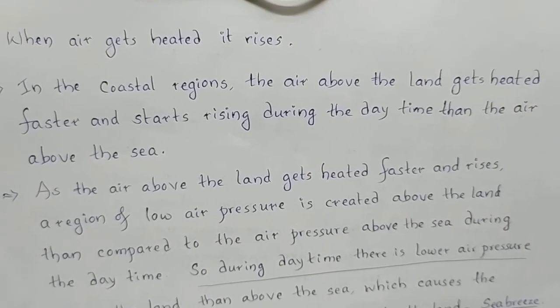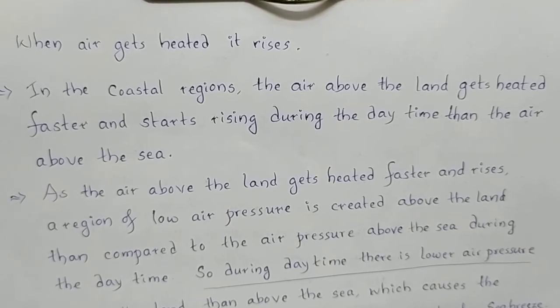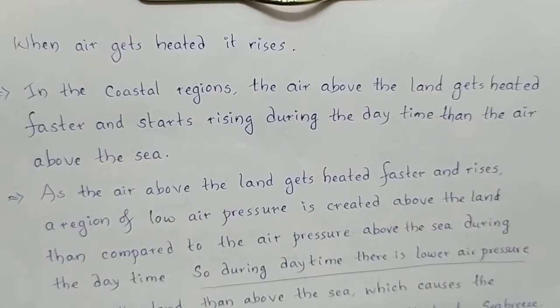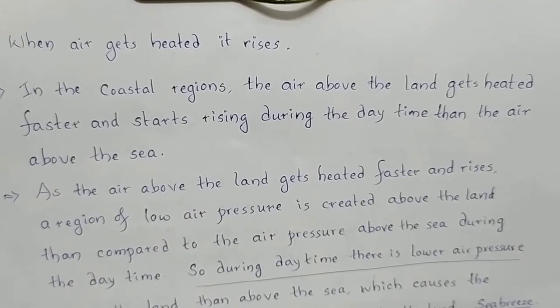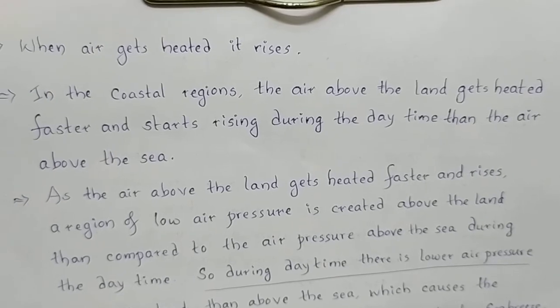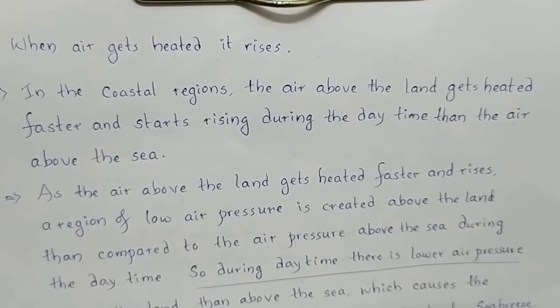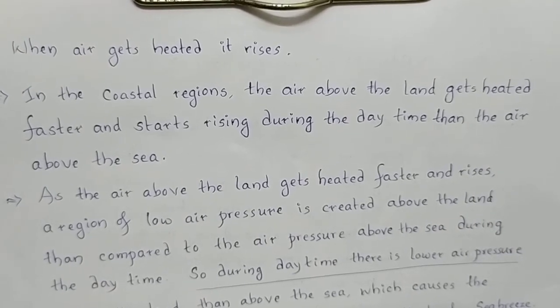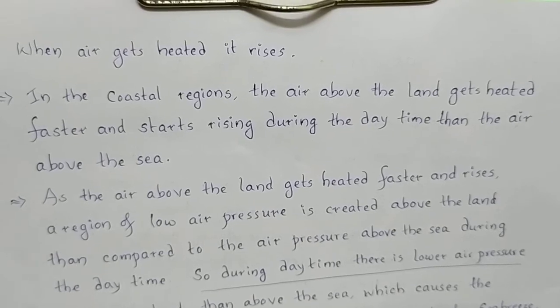Right? So, during the daytime, the air above the land is getting heated faster, so it rises faster. At the same time, the air above the sea also is getting heated, but it is getting heated slowly. So, it also rises, but not to the same level as the air present on the land.